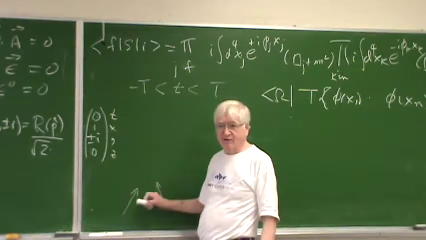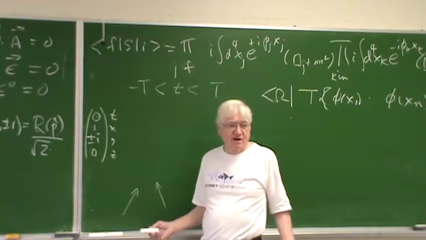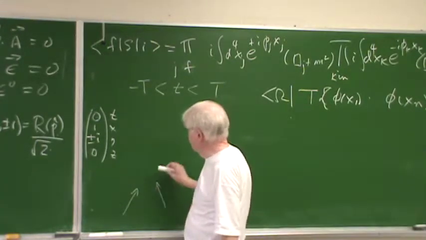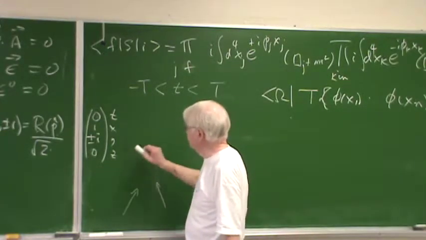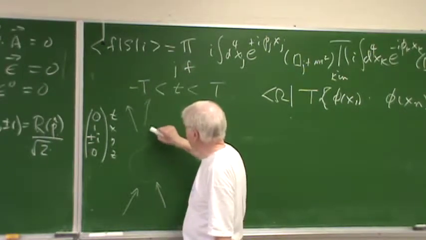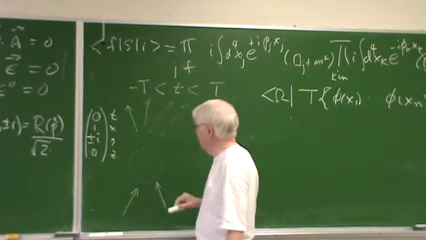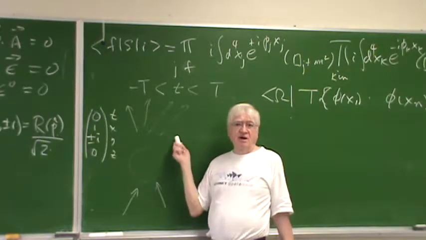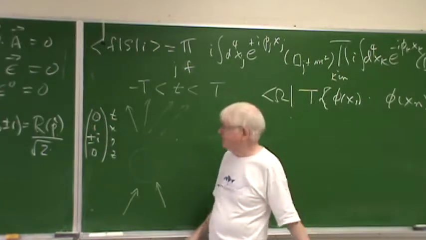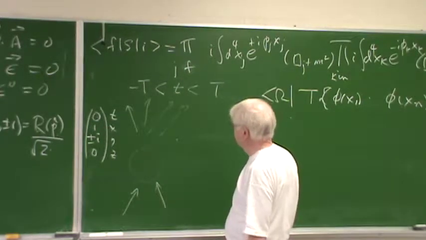They're not interacting. Of course, it's plausible because they're macroscopic distances apart. And then there's some scattering that we're trying to understand. And then in the far future, we have these various final state particles going out. And these are also behaving as free particles when they get out of the interaction region.